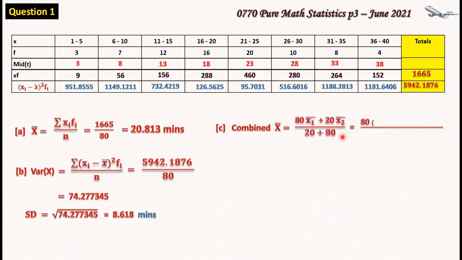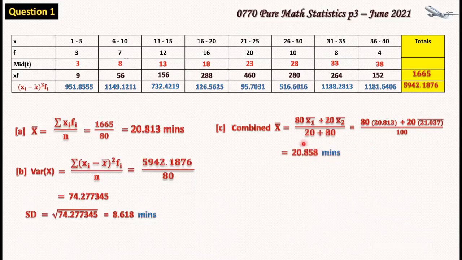So let's see what we have. We have 80 times the mean for this group, 20.813. For the second group, we have 20 times, all right, please take note, the bar is not there. So 20 times 21.037, and the sum now of this combined group is 100. Simplifying this will give us the new mean to be 20.858 minutes.